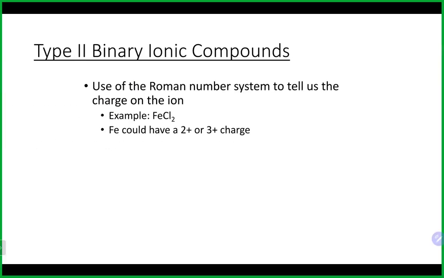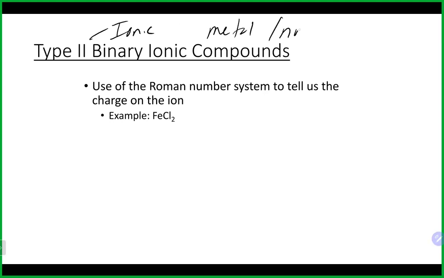Type 2 is also an ionic compound. So once again, we're going to have our combination of metal and non-metal together. And just like the last one there, the metal, once again, is going to be the most important thing here. So the difference between type 1 and type 2 is actually the metal and where the metal is located on the periodic table.